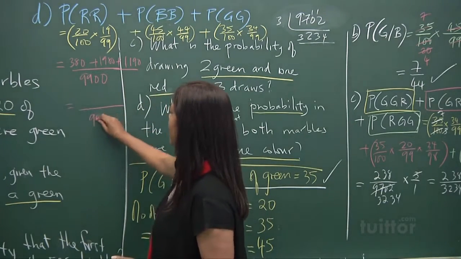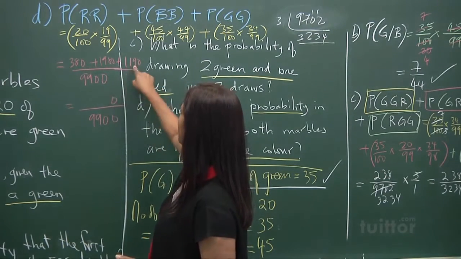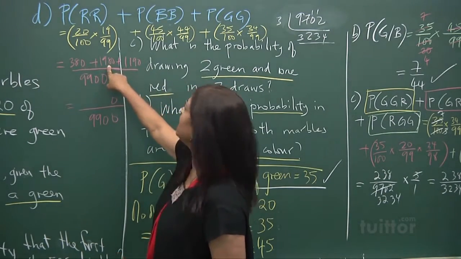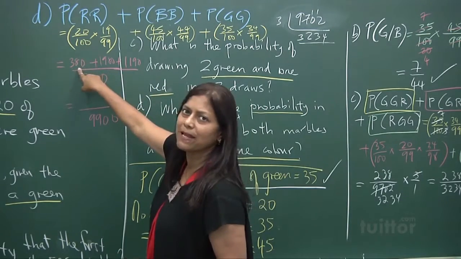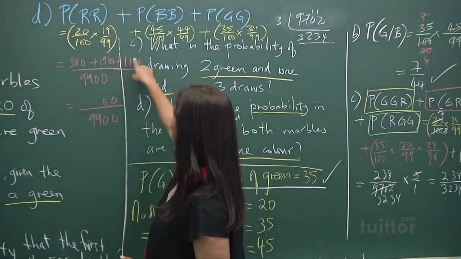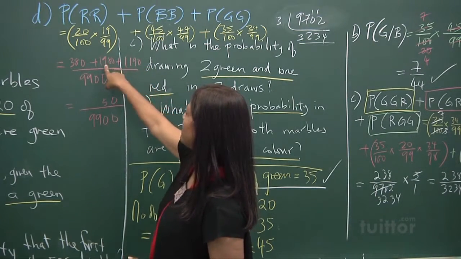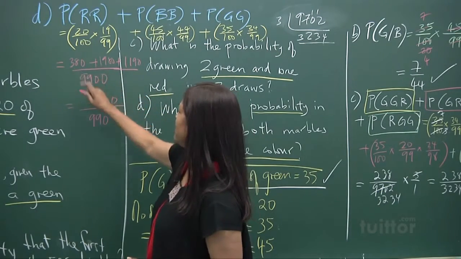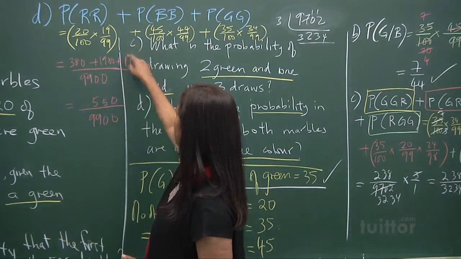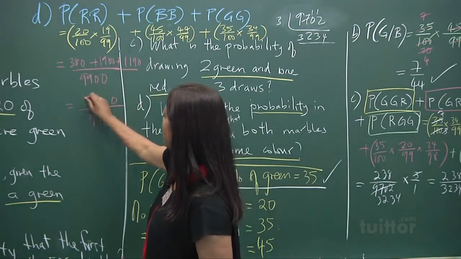You have 9900. 0 plus 0 plus 0, you get 0. 9 plus 8, 17. 17 plus 8, you get 25. Carry up the 2 for the third number now. 2 plus 1, 3. 3 plus 9, 12. 12 plus 3, 15. Carry 1 over, you get 2. 2 plus 1, 3.